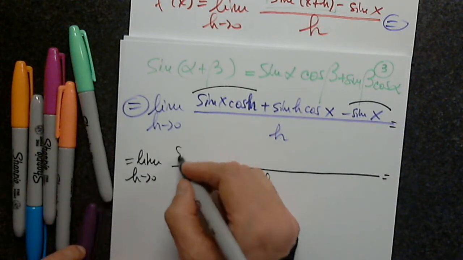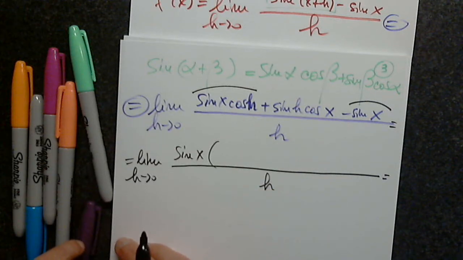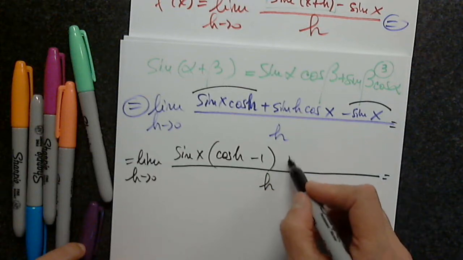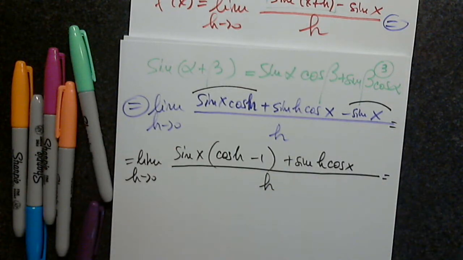Sine x. Perfect. Very good. Cosine h minus 1 and plus.